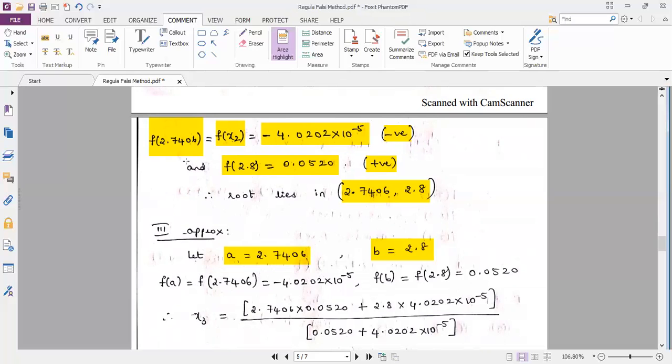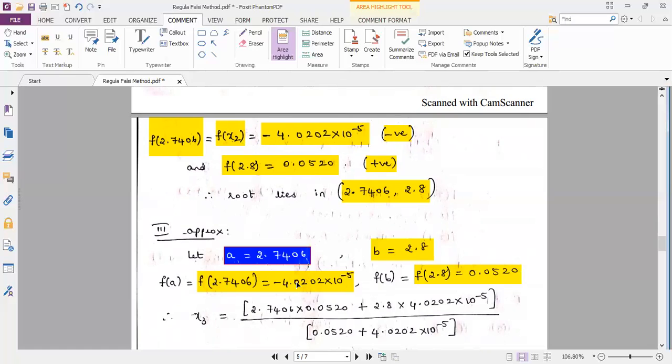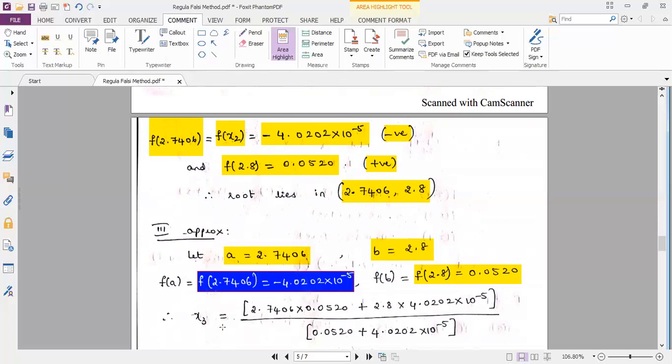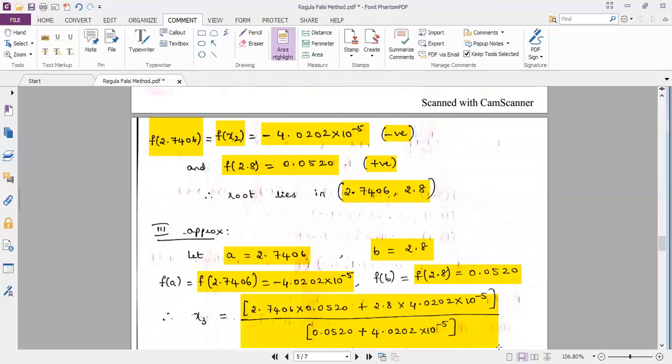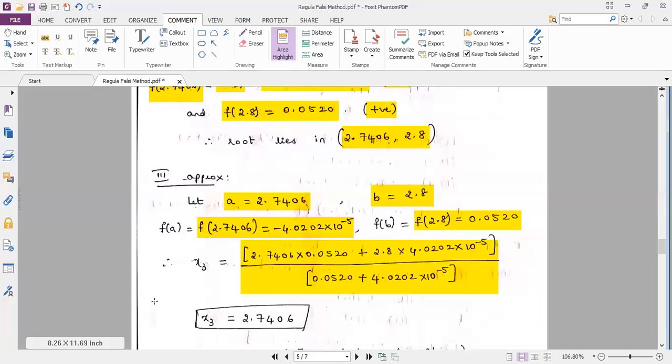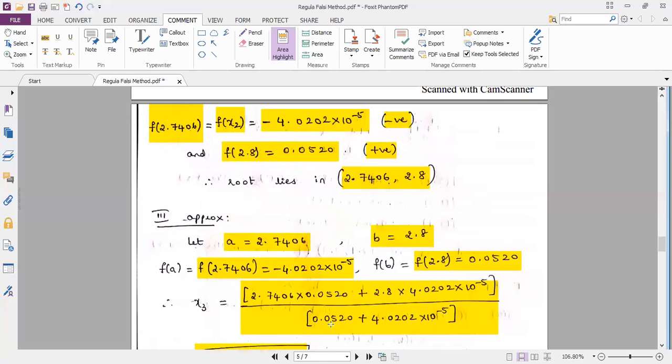F of A and F of B values, already obtained, we are just rewriting once again in the approximation for convenience. So F of 2.8 is also written. With these values substituted into the regula falsi formula, we obtain the third approximation for X as X3 is equal to 2.7406, rounded off to the fourth decimal place.